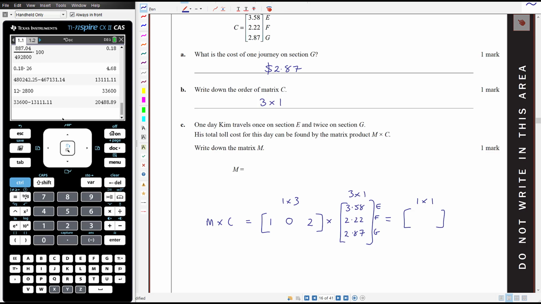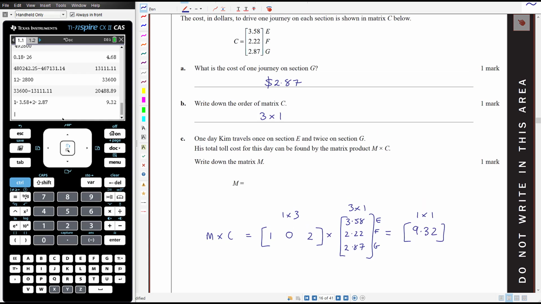And that should then do 1 times $3.58 plus 0 times $2.22 plus 2 times $2.87. So it should give us 1 times 3.58 plus 2 times 2.87, which is 9.32. So $9.32. So the matrix M that we would need to calculate that would be 1, 0, 2, a 1 by 3 matrix.